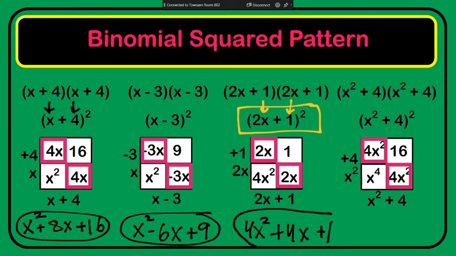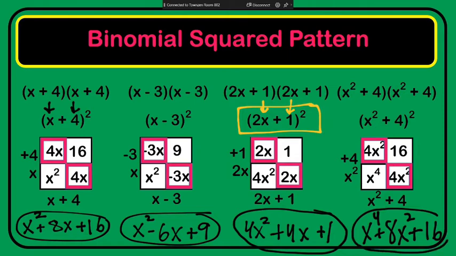And that would be the answer to our third problem. And then finally, we have x to the fourth plus 8x squared plus 16. And that would be the answer to our fourth example.